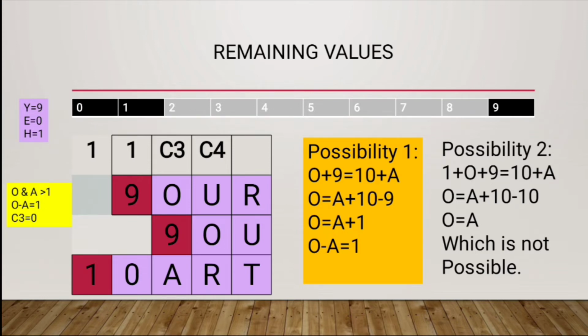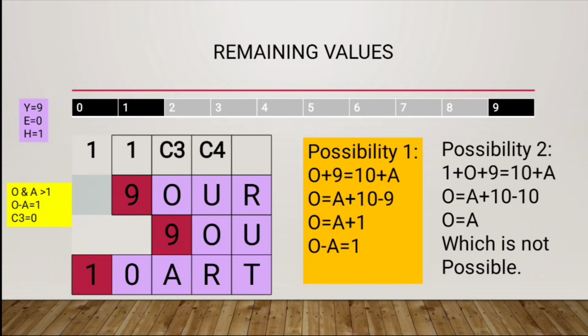So I have a formula that o minus a is equal to 1. You can see in the left hand side, in yellow color, that o and a should be greater than 1. Why? You can see in the black color above, which tells that 0 and 1 are taken. So I cannot pass 0 and 1 to o and a.